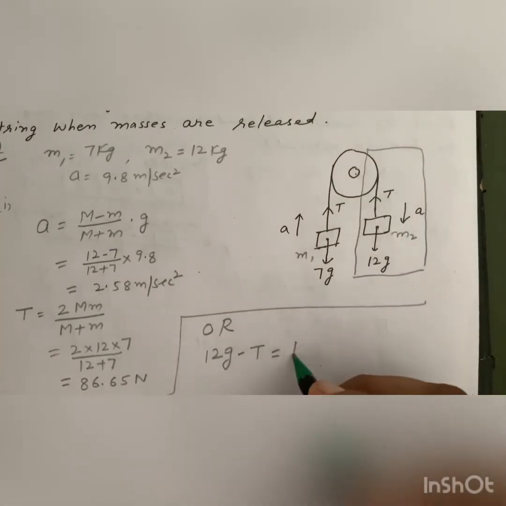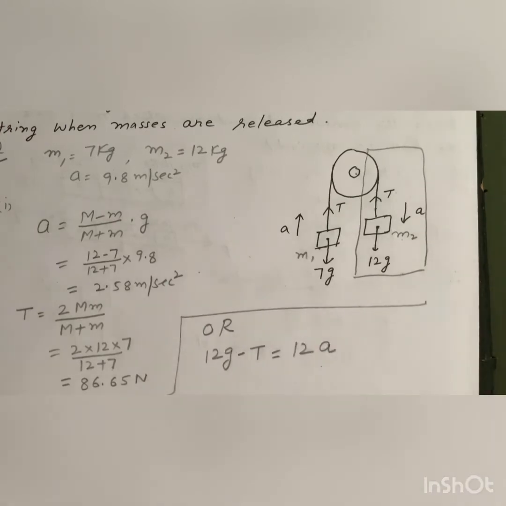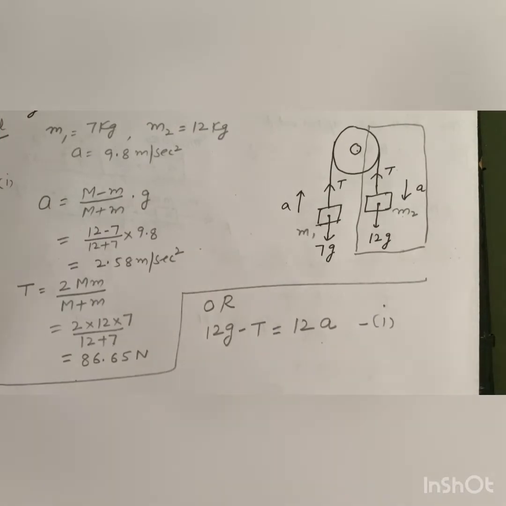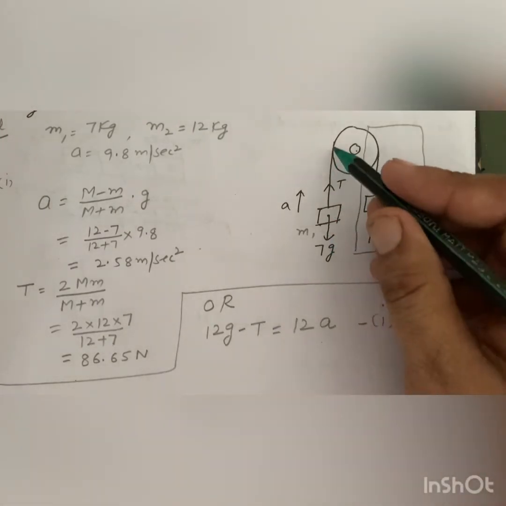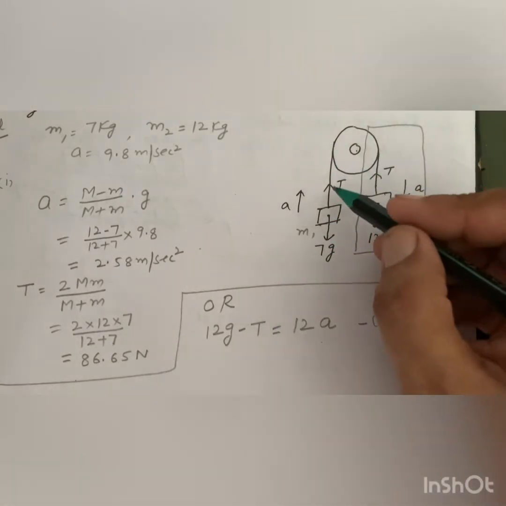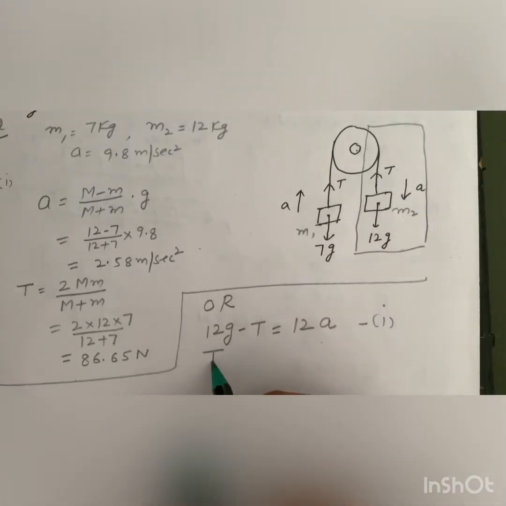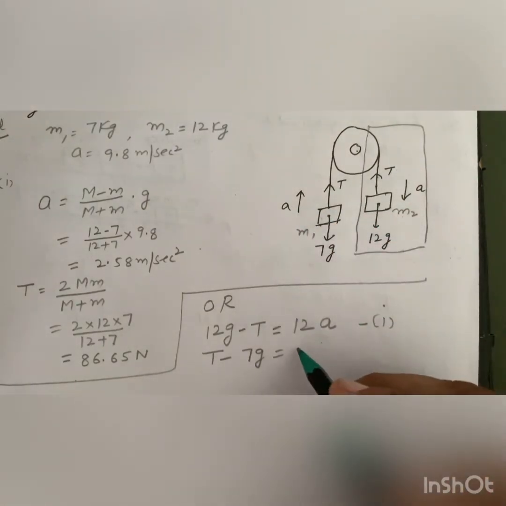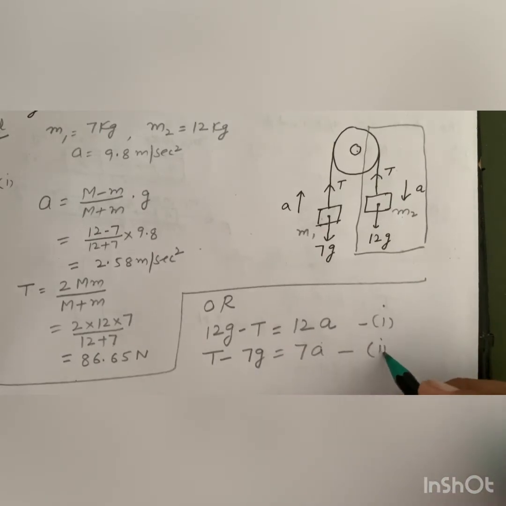Mass is 12 and acceleration is A. This is equation number 1. And this mass is moving in the upward direction, so T is more. T minus 7g equal to mass into acceleration, and this mass is 7 and acceleration is A. This is equation 2.